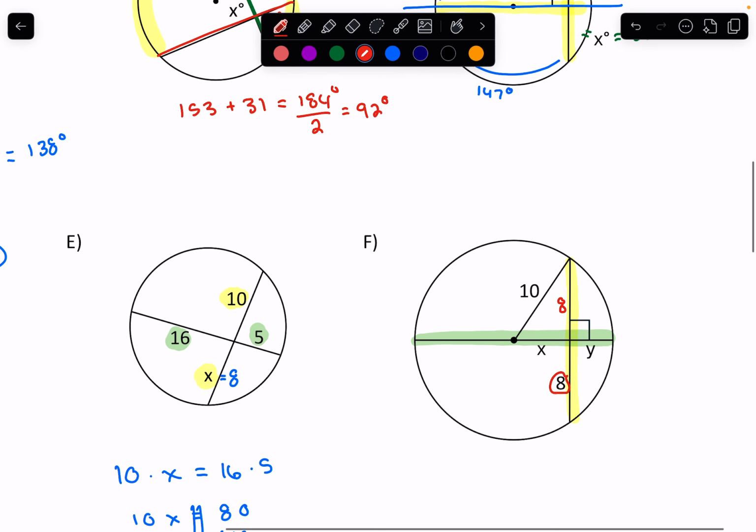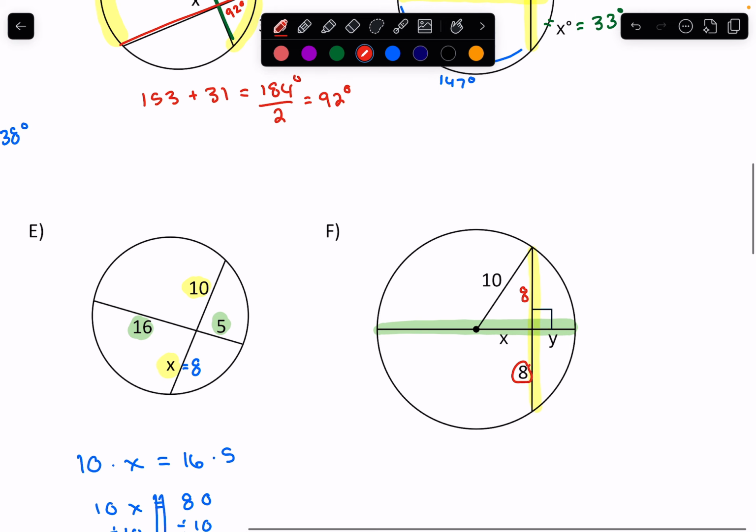And let's see. Now I've got a right triangle. This isn't even using all circle stuff. We've got to use Pythagorean theorem on this one because I've got this right triangle right here, and it tells me two of the sides. It tells me that one is 10, one is 8, and it wants me to find the other one.